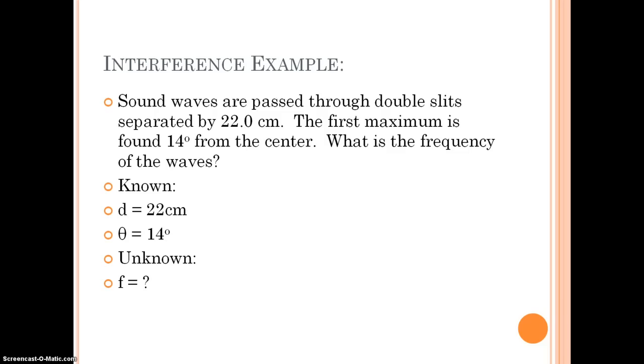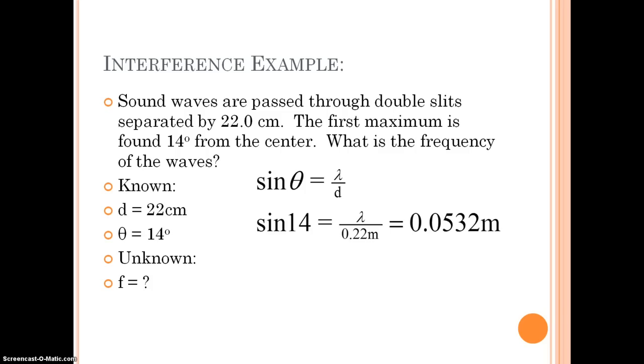They gave you d, that was nice, they gave you theta, and they're looking for frequency. We will use the speed of sound here in a second, but we can say sine of theta is lambda over d, and they gave us the variables theta and d, so we can go ahead and solve for lambda. So we know the wavelength, but they asked us for the frequency.